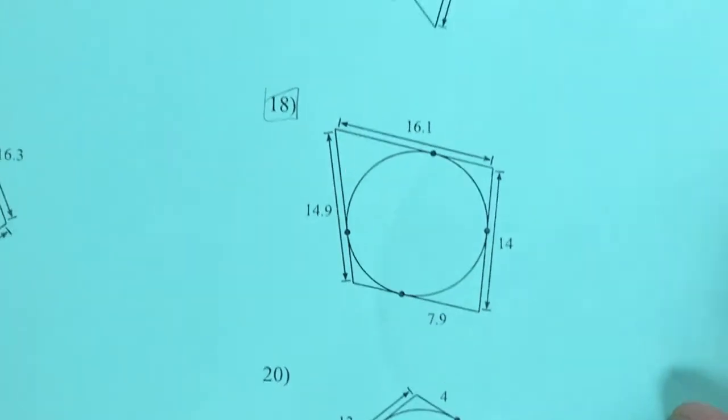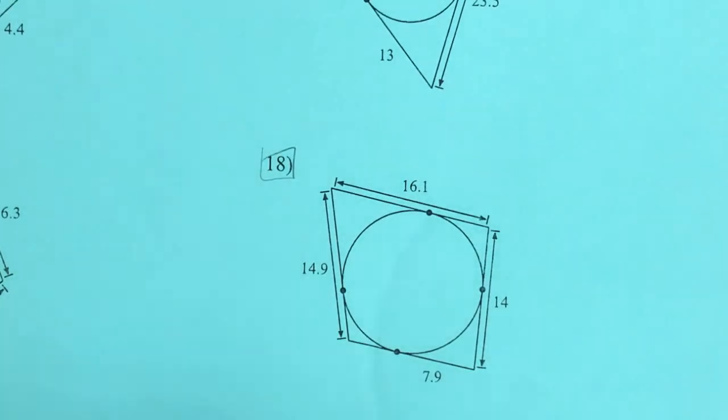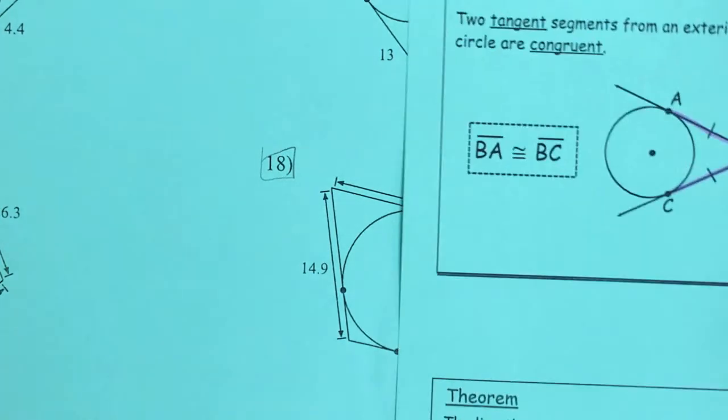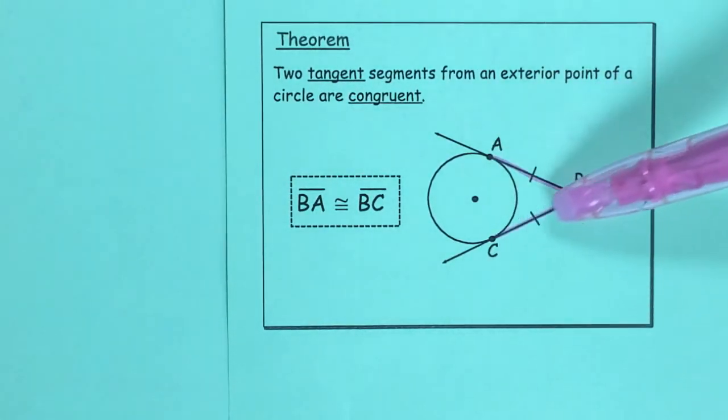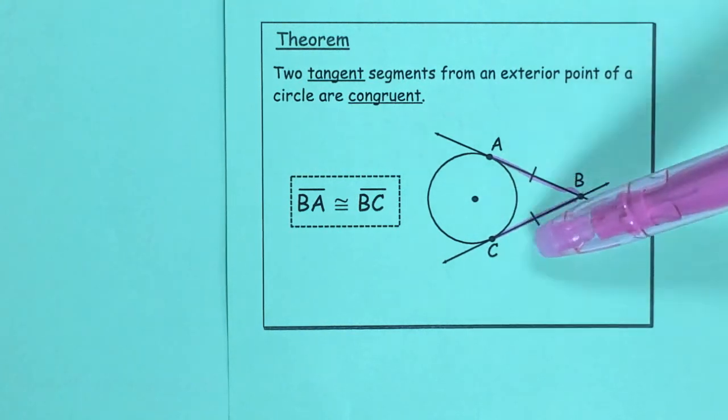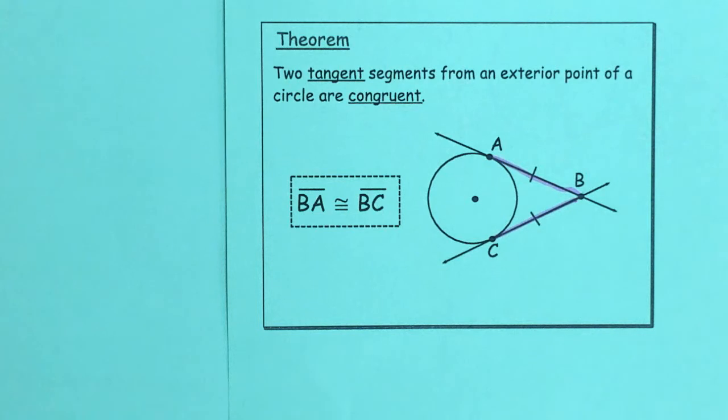Right, last one I'll work on, number 18. Number 18 uses this concept right here, that when we have two tangent lines that intersect at an exterior point, these two tangent lines have to be congruent.